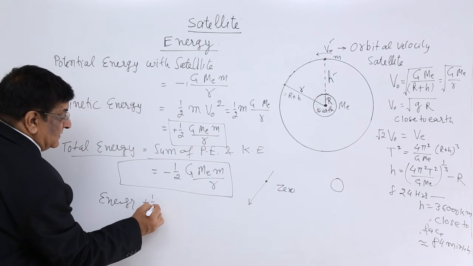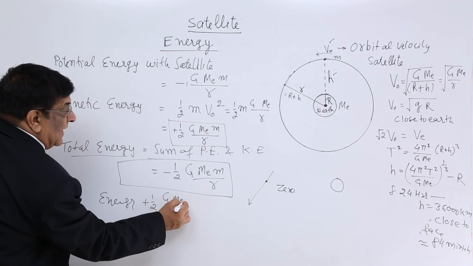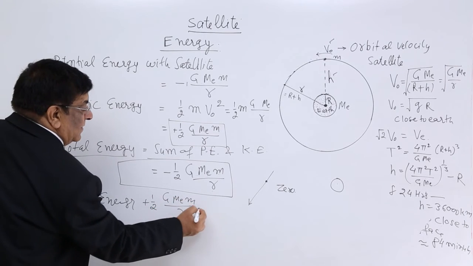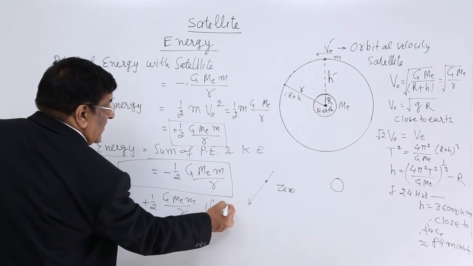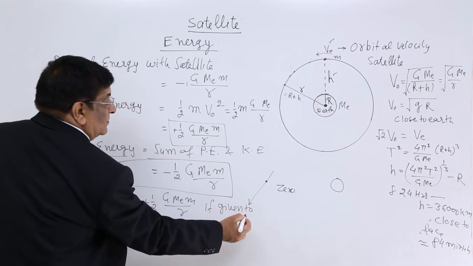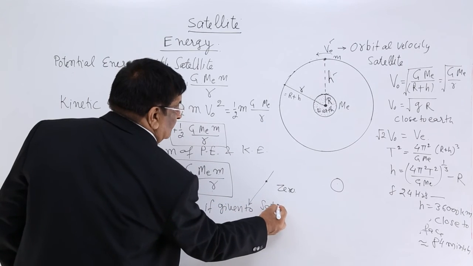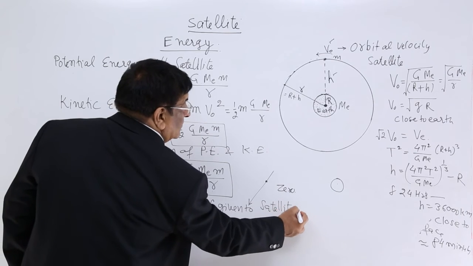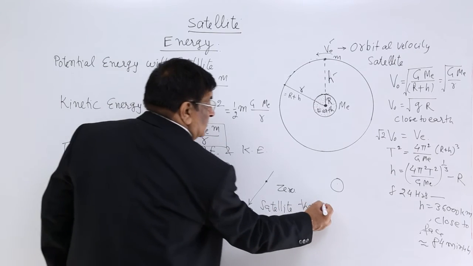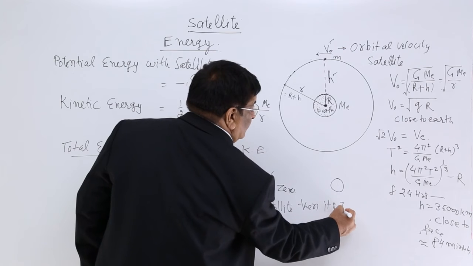Energy plus half G Me m upon R, if given to the satellite, then its total energy will be 0.